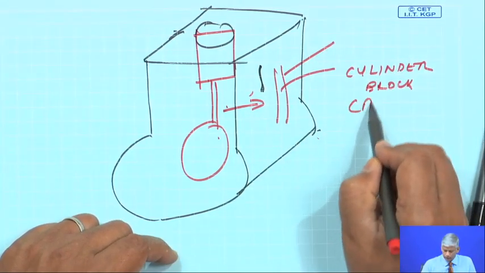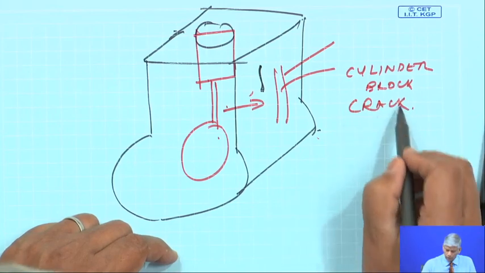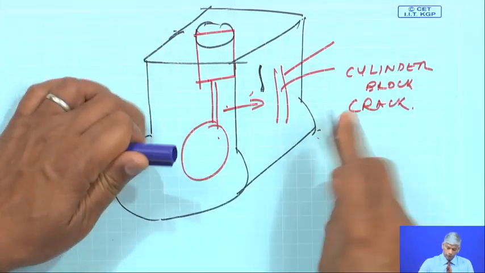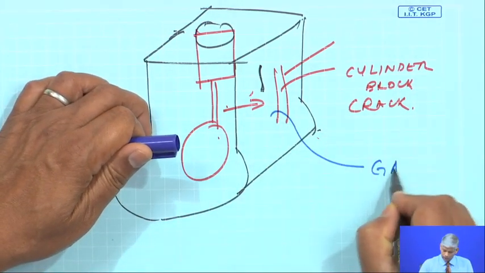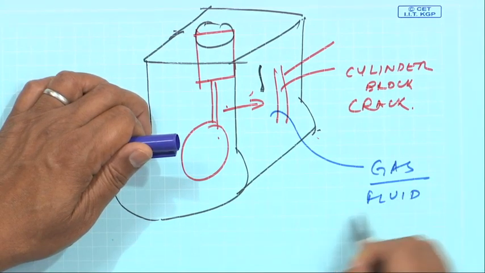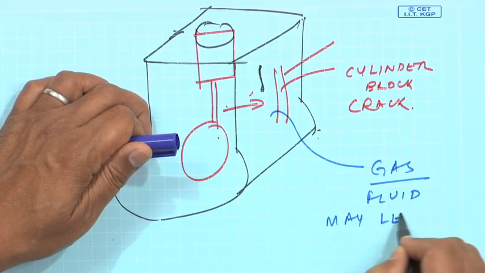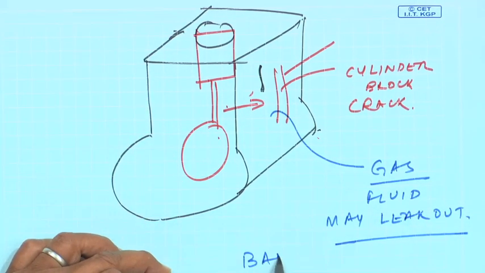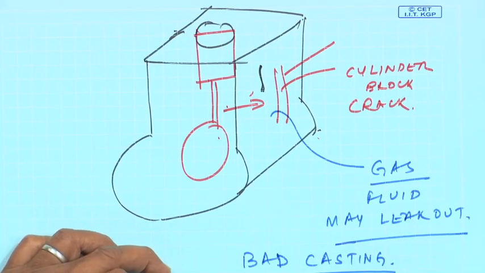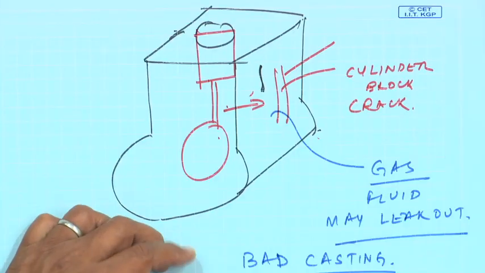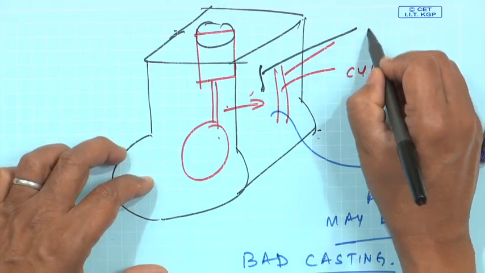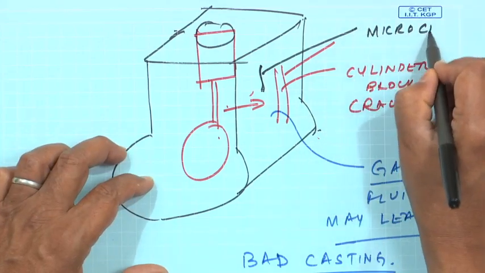If a crack occurs because of exposure to high temperatures and high pressures, the gas or the fluid may leak out. This could be because of a bad casting, so one has to be careful to ensure that the quality of casting is good. Detection of such micro cracks is not possible by naked eyes.